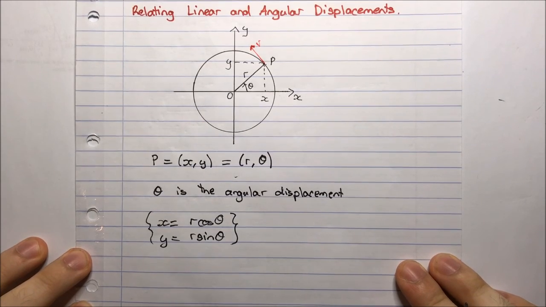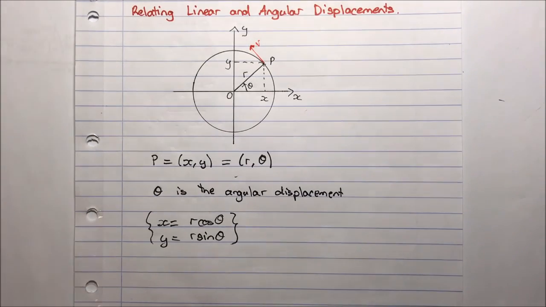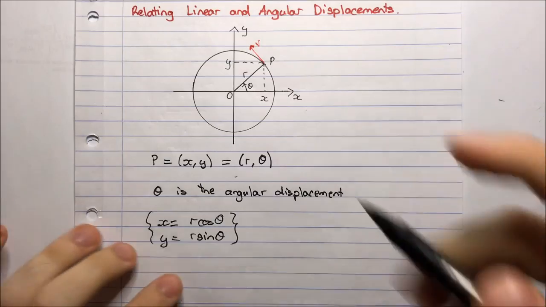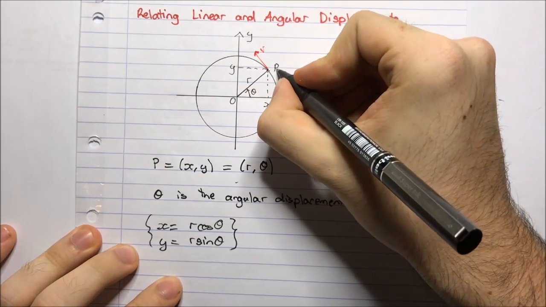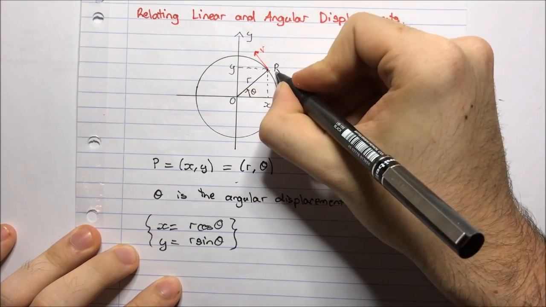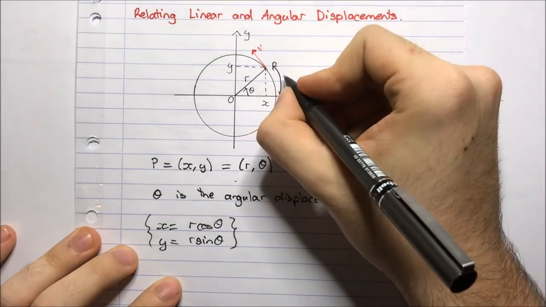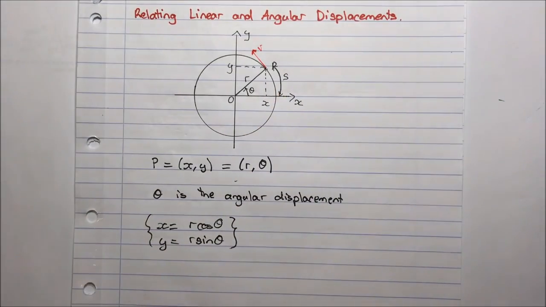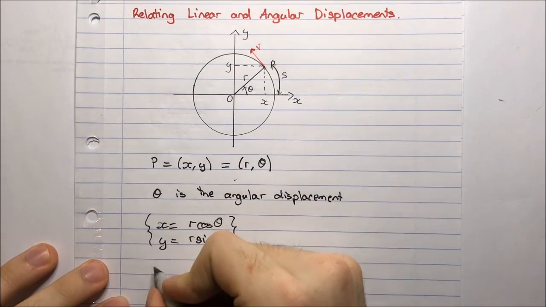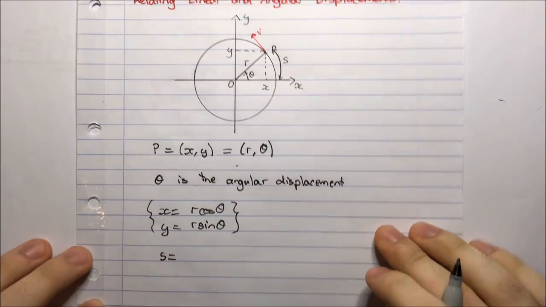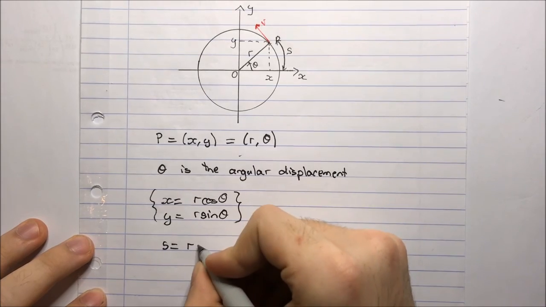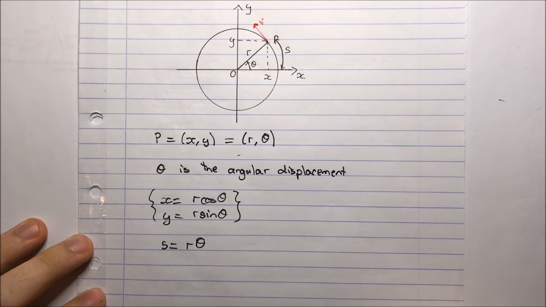Okay, and what else can we say? Well, if my particle is moving along a circle, then the distance that it travels from here to the point P, if I call that distance s, is given by the length of the arc of a circle, which is just s equal to r times theta.